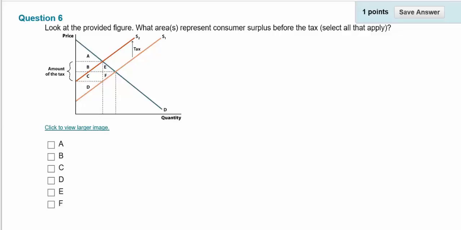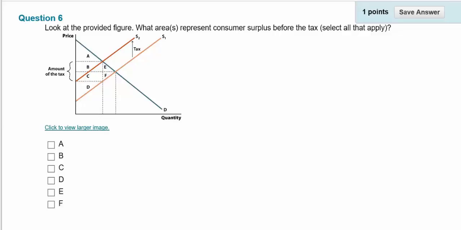Now, the idea of consumer surplus is it's the amount of, I don't know, a good deal consumers are getting. Okay, so if you're willing to pay $2 for something, but you can get it for $1, your consumer surplus was $1. It's the difference between the $2 that you're willing to pay and the $1 that you actually do pay.